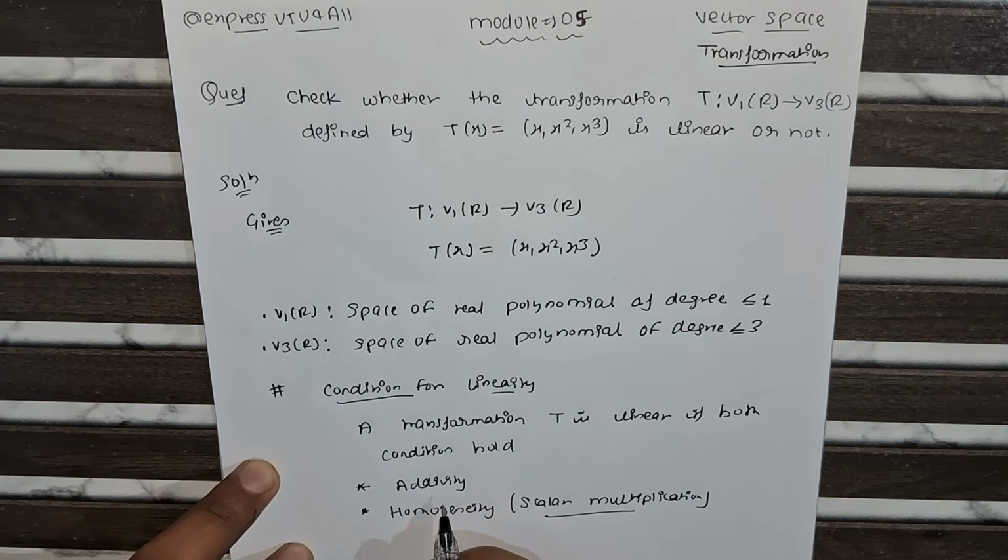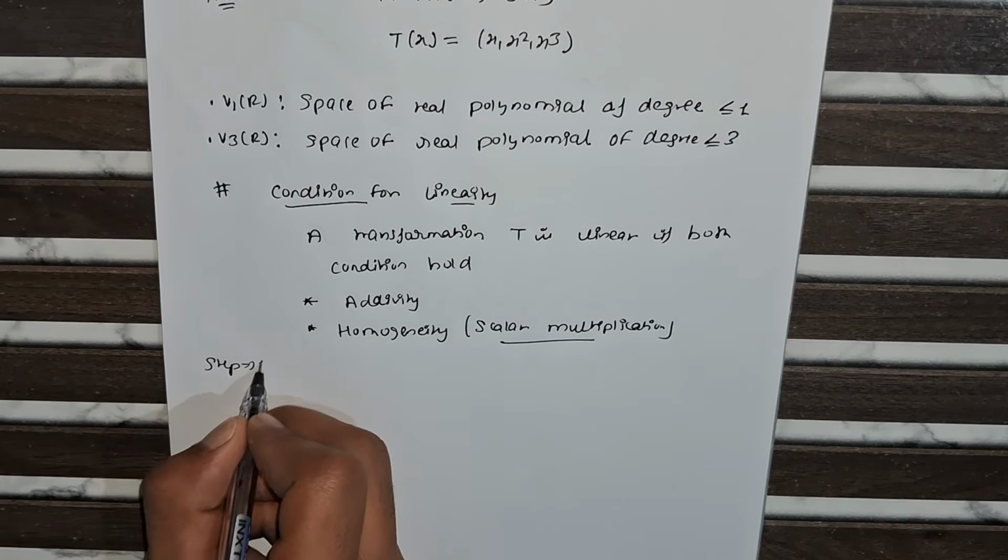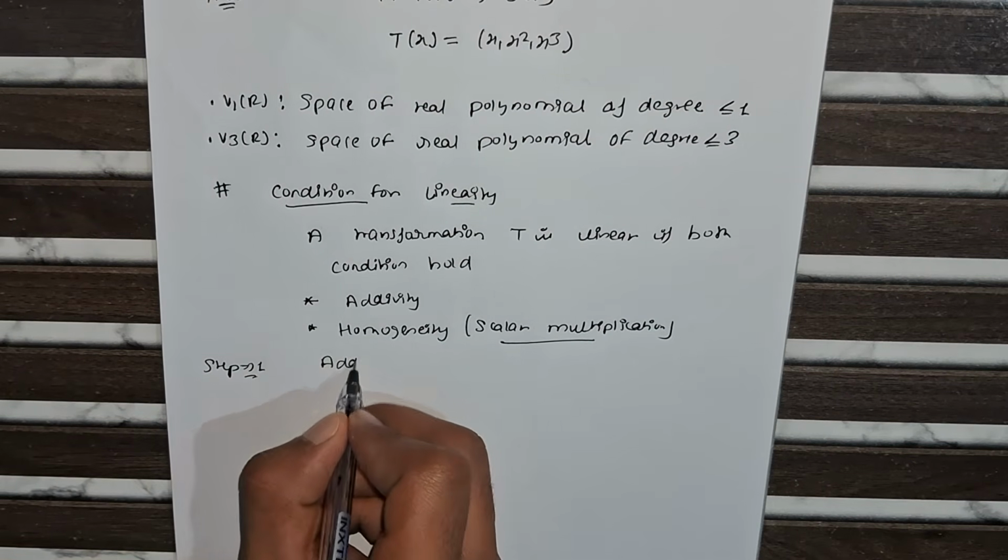So first we check additivity, and after that we check homogeneity. Step 1 is additivity.